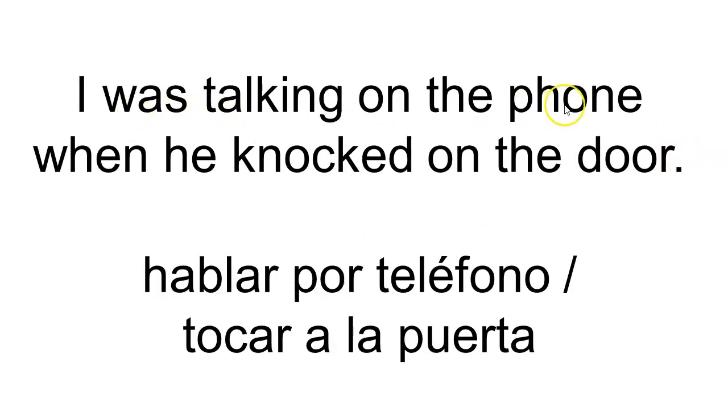I was talking on the phone when he knocked on the door. So I was talking is going to be imperfect, and then he knocked is going to be in the preterite. So we have hablar por teléfono for talking, and tocar a la puerta to knock on the door. So I was talking, yo, in the imperfect, and then él, and then tocar in the preterite.